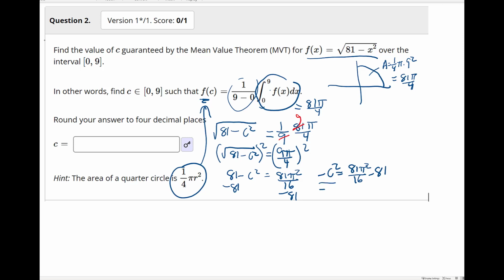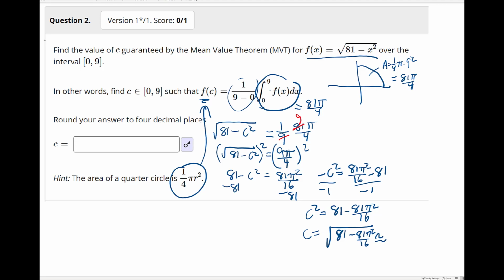And if I divide by negative 1, I would have c squared equals 81 minus 81 pi squared over 16. So c would be the square root of 81 minus 81 pi squared over 16.